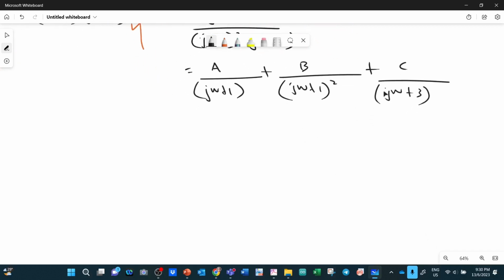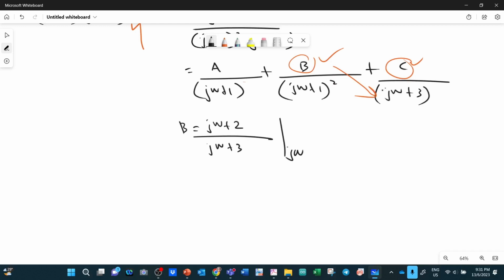Okay, this is a bit tricky, finding the partial fraction values for A, B and C. For B and C there should be no problem, it is the same method, because you have another factor underneath here. For the case of B, it will be straightforward. You write jω+2 over, look at this side, what do you have? jω+3, with jω equal to minus 1.